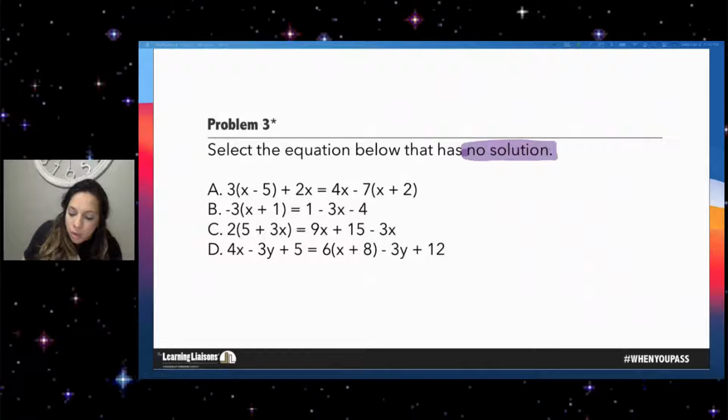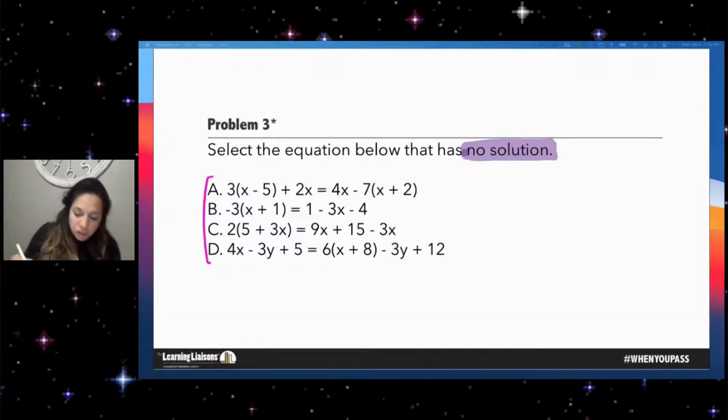Now, what did we decide for an equation to have no solution? It means we're going to get something like 3 equals 7. Not possible. So I have to literally simplify each one of these equations to see which one has no solution.